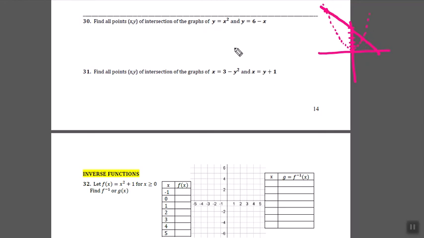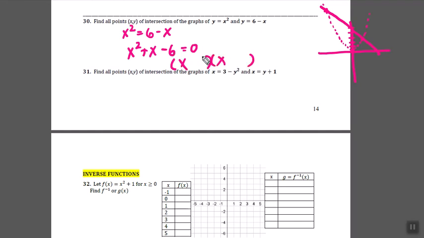So to find those two values, what you'd have to do is just set these two functions equal to each other. And like we did in the previous video, when you solve an equation, you get everything to one side and set this thing equal to 0. So add the x to the left, subtract the 6 to the left, get that to equal 0. And hopefully, if this is a whole number answer, it should factor.